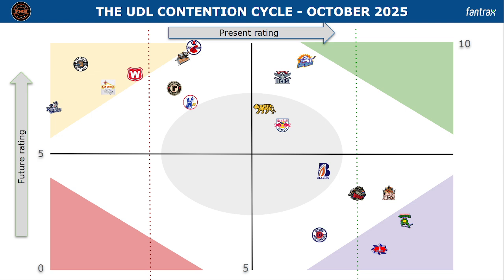Next, we have the Sydney Millionaires, which are definitely battling to stay in contention, but are not quite there in terms of present rating, and are also not quite there in terms of future rating. The Millionaires rank last in terms of prospects group. It's not that they don't have prospects, but their overall evaluation of their prospects was the weakest of all teams.